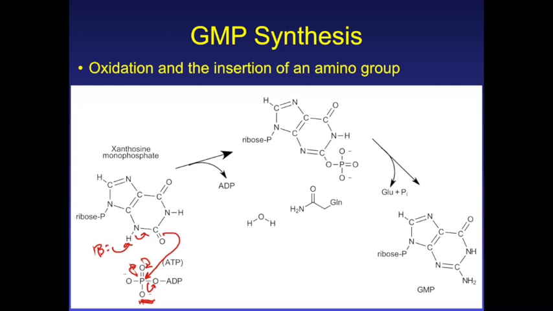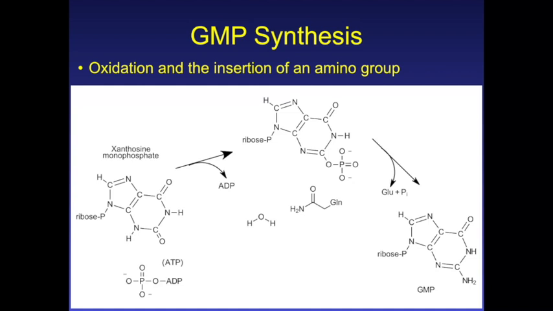Again, you should recognize glutamine, glutamate, add water. I'm going to have this amine as the leaving group. So this is a way to carry an amine over and make it reactive. And the reactive is attack this.